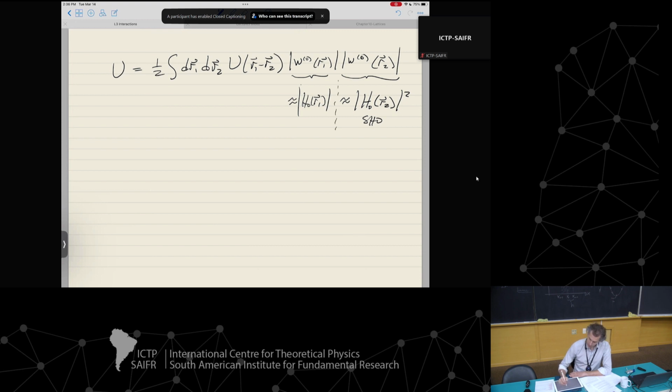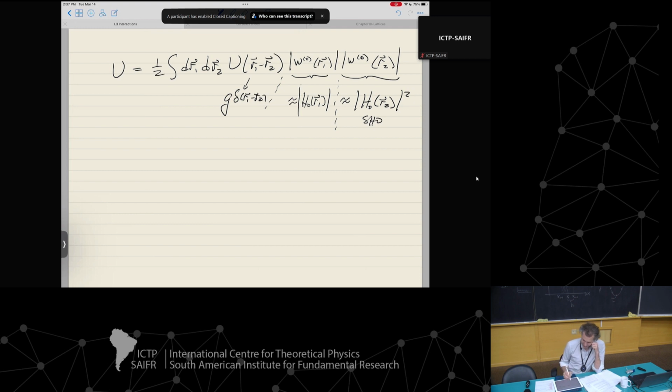And then for the interaction potential, which Fred Chevy told you a lot about last week, despite all of his warnings, I'm just going to say, well, what if we make this a delta function? No, don't do that. Yes, I'll just do that for a moment.